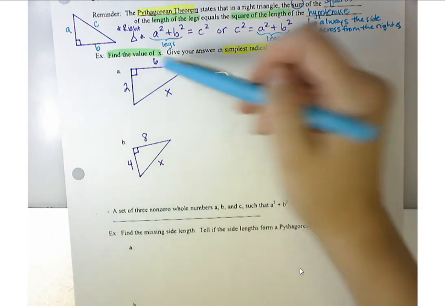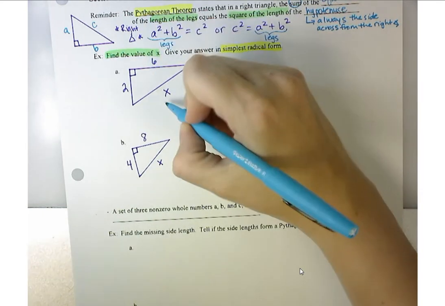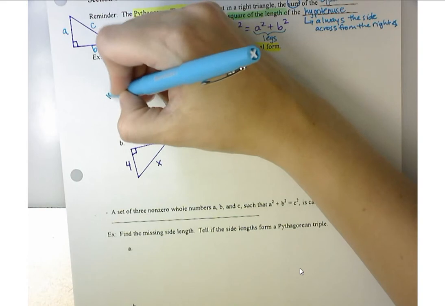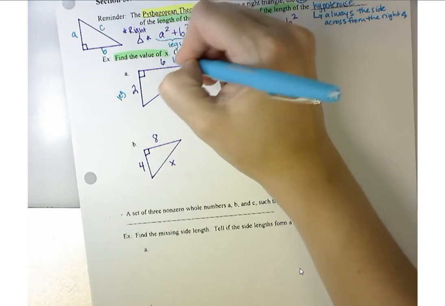Okay, so the first thing you want to do is identify the hypotenuse. Sarah, which one of these sides, the 6, 2, or x, is my hypotenuse? The x. Good. And how do you know that? Because it's across from the right angle. Perfect. So if this is my hypotenuse, that means 2 is a leg and 6 is a leg.